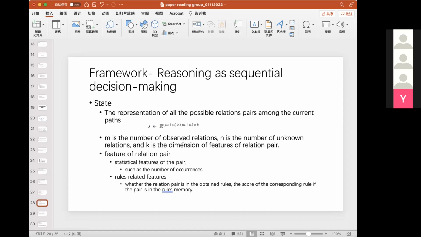In order to construct the feature of the relational pair, the authors of this paper leverage two levels of information.